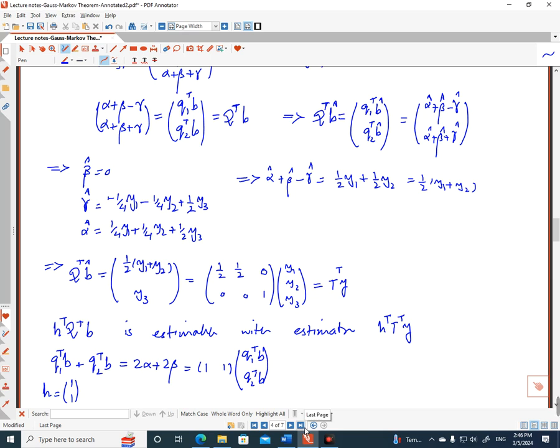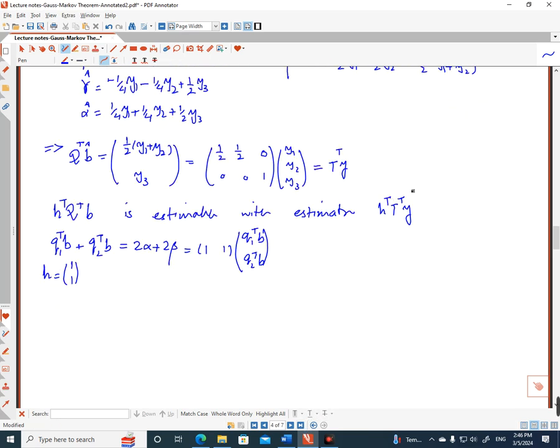Now let's look at the elements of H prime T prime Y. For H prime T prime Y, we have this row vector 1 1, and then as above, half 0 0 1, and then the observations.